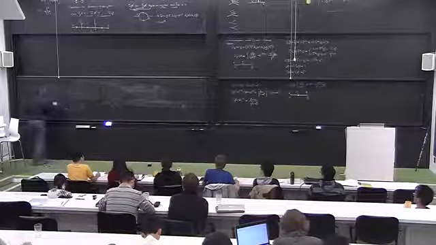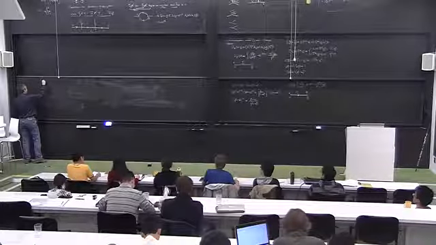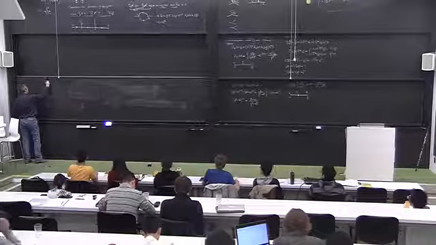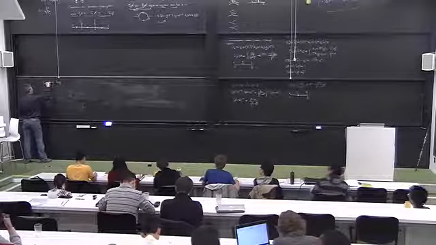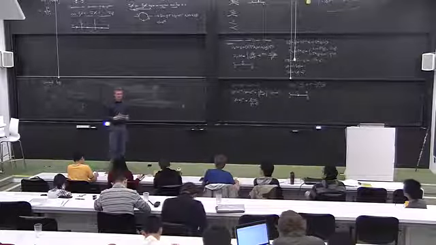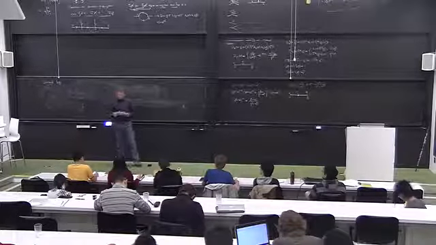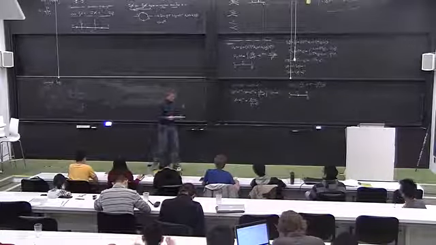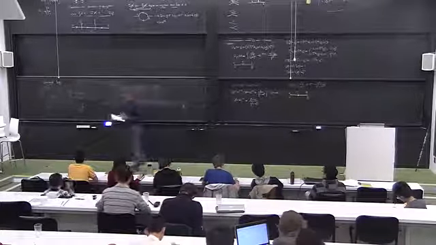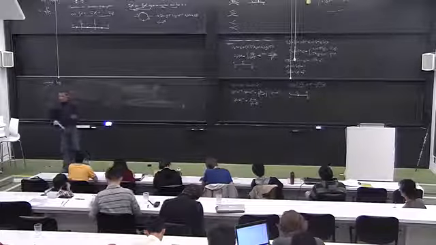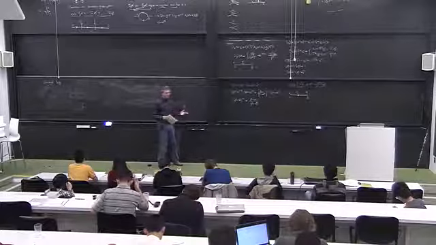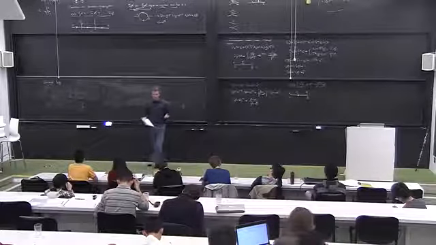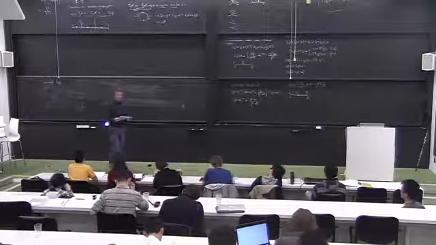So now, external legs. If you study scattering of photons and electrons, we need to know what to associate with external factors. So before, in the scalar theory, the factor was just 1. Now, in electrodynamics, it's a little bit more complicated.